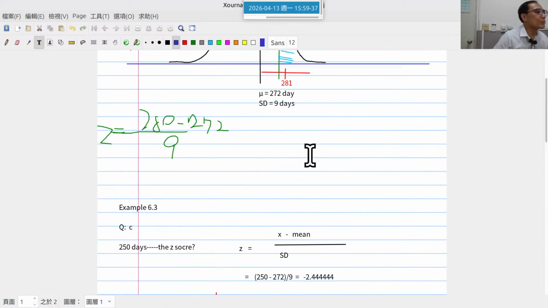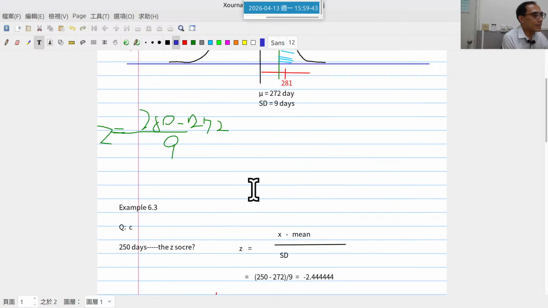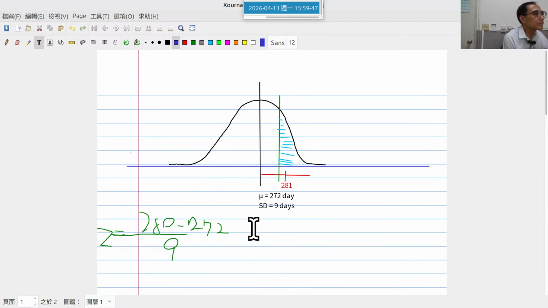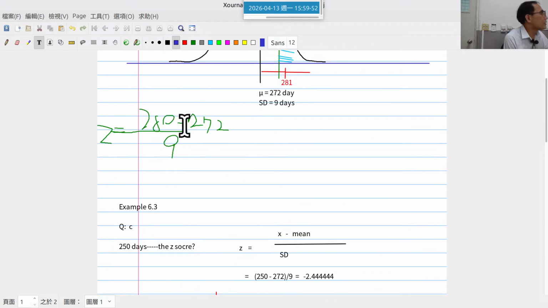According to previous calculation, 280 minus the average 272 divided by 9 is 0.888.